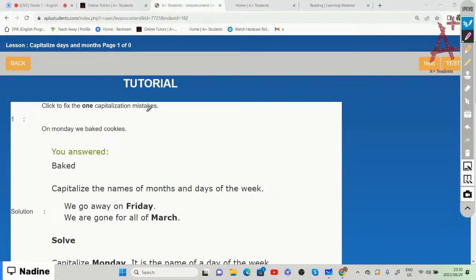So the question is, when did you bake cookies, right? So on Monday. And if we look at Monday, Monday is written with a lowercase, right? Small letters. So that is already one mistake because Monday needs to be written with a capital letter M, because Monday is the day of the week.